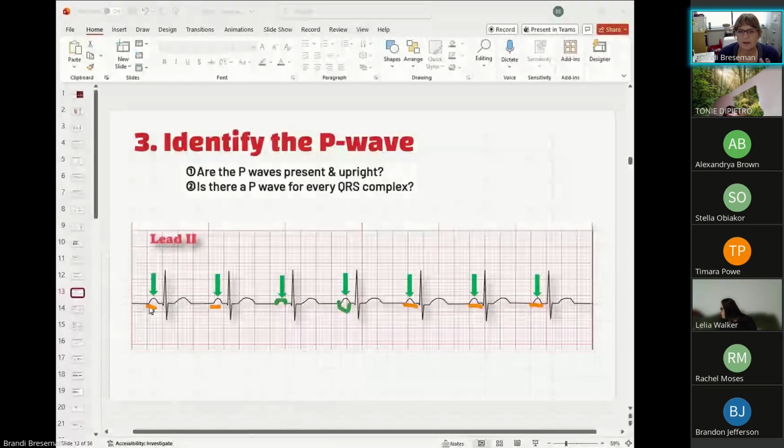So the first rhythm you're going to learn is normal sinus rhythm, but there are a bunch of different rhythms, and we have to learn how to interpret this. That's why I said this literally is a step-by-step process and memorization. You just have to memorize what it means if this is there, or if this isn't there.